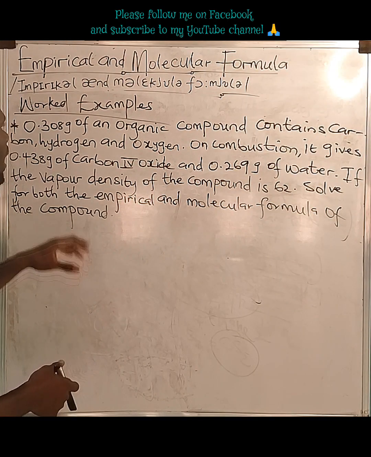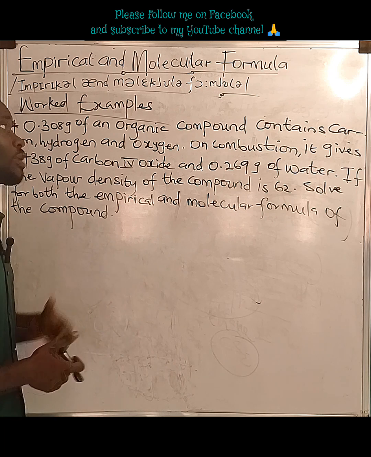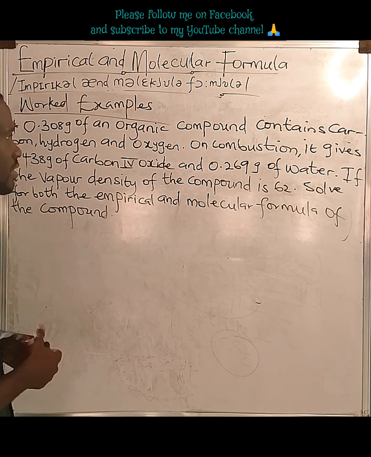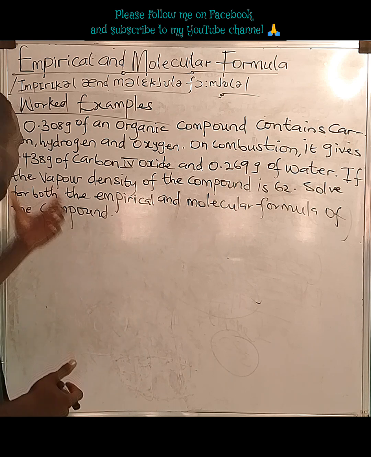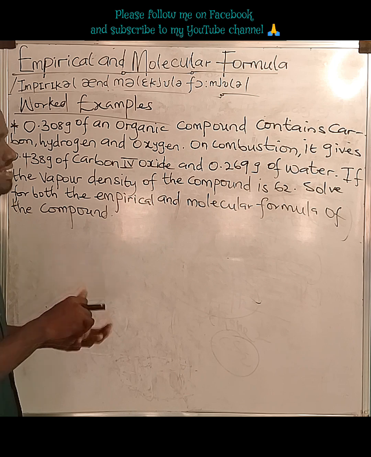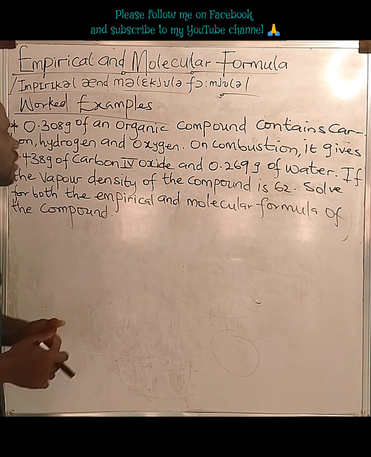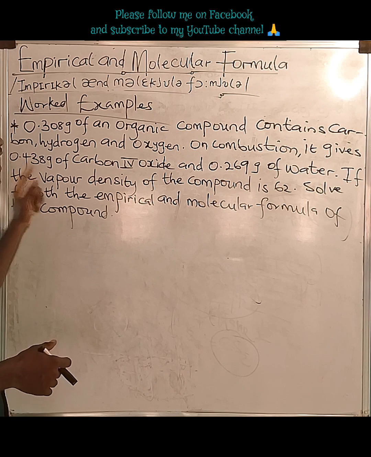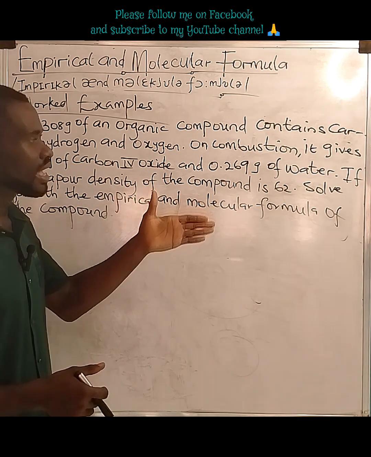Now, we are given an organic compound, but it wasn't mentioned to us which one. We're going to solve for that. So they said the organic compound contains carbon, hydrogen, and oxygen. Now, by the time this organic compound gets burned in oxygen, it gives out 0.438 gram of carbon dioxide and 0.269 gram of water.